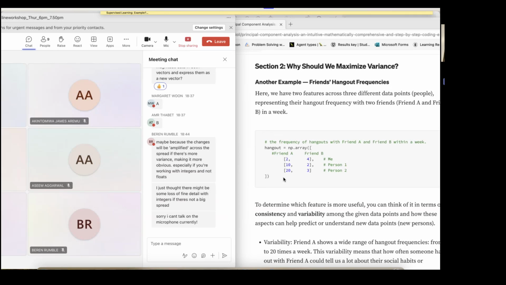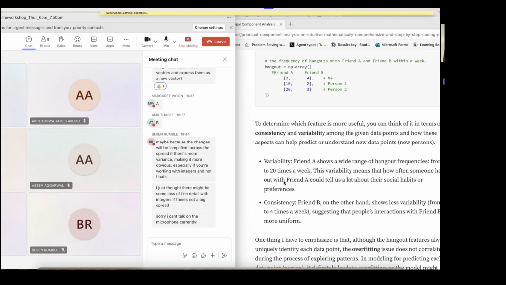But for friend A, it doesn't matter, right? Even if the floating point affects the results, the range is big enough, the difference is big enough, that even though it will affect the result by 1 or 2, that's okay. The value will still be big enough for me to identify whether this person is outgoing or not outgoing, right?